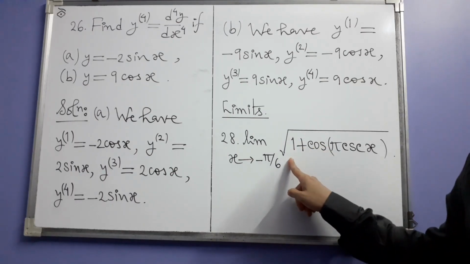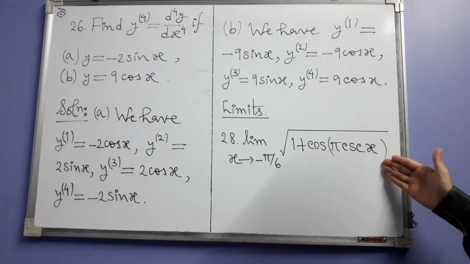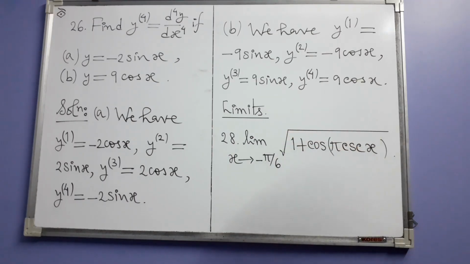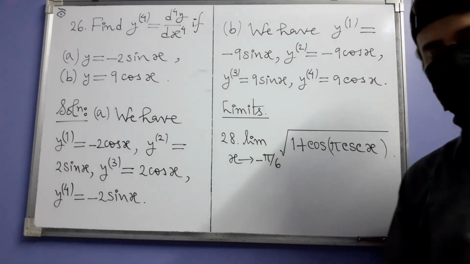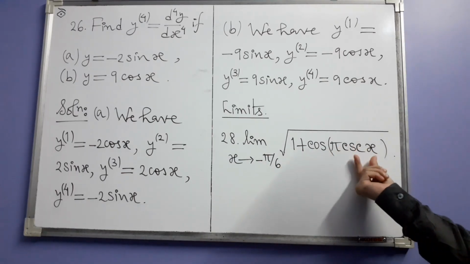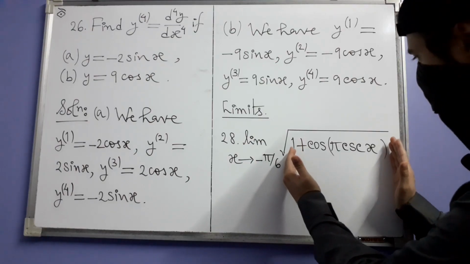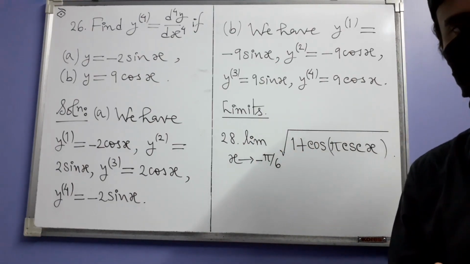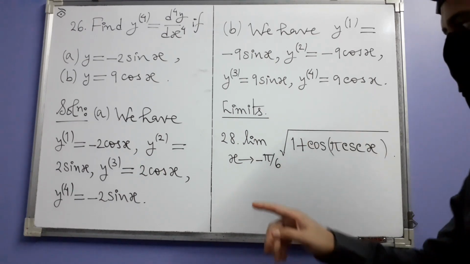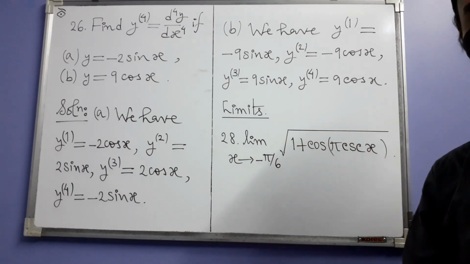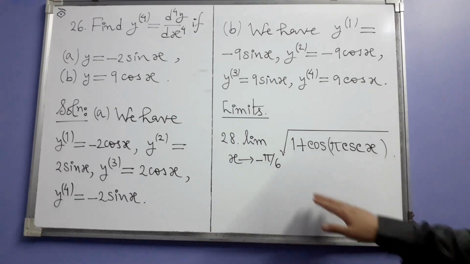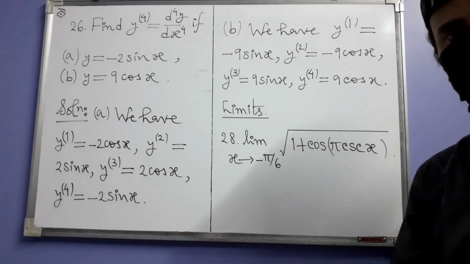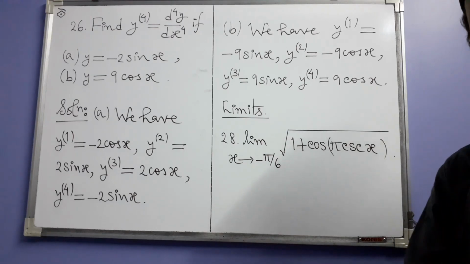Add 1 to that, which is a constant, this remains continuous, and the square root of this is also continuous. That is because, when we put this point here, finally the real number that we are getting under the radical sign will be a positive real number. At any positive real number, the square root function is continuous. So all in all, we just have to put x equal to minus pi over 6. That's all, that will give us the limit.